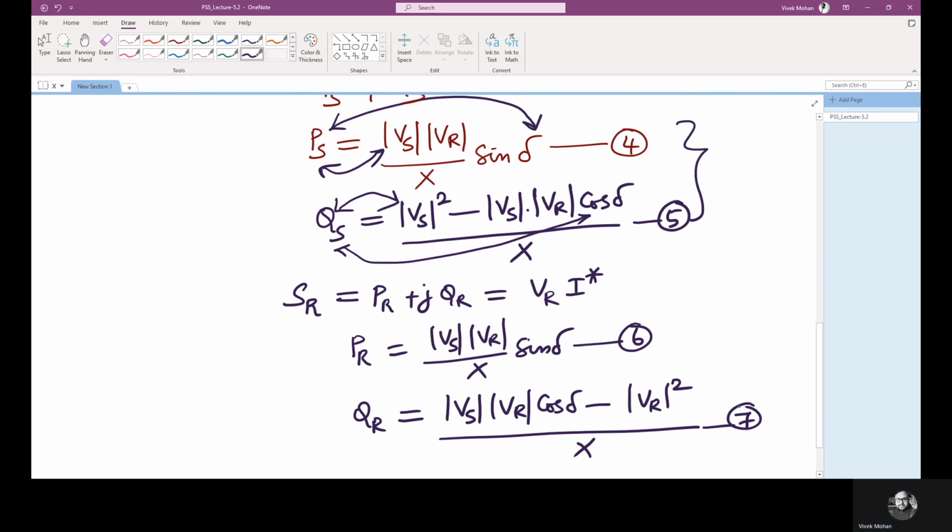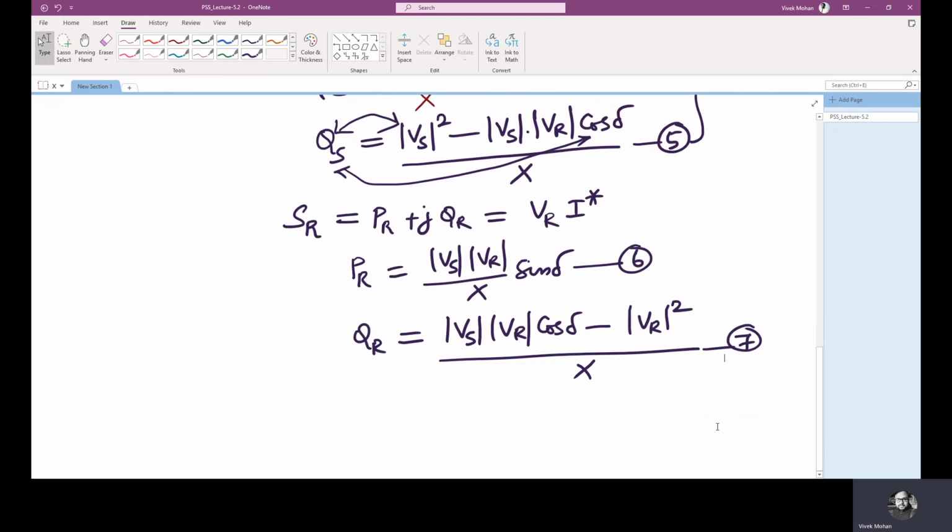Now, this is similar to what we obtained for a synchronous machine, where the expression for active power was EV by XS sin del, with E the RMS internal voltage and V the RMS terminal voltage.